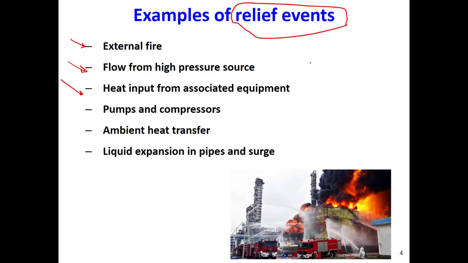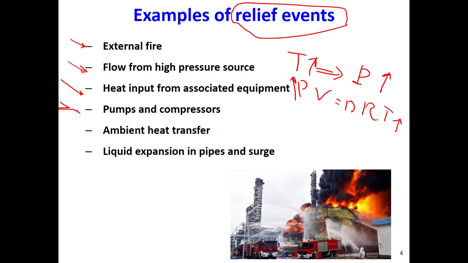Usually an increase in temperature also increases the pressure, because increasing temperature can vaporize the liquid and make more vapor, increasing the pressure, or for the gas we know that PV = nRT. If temperature is increased, pressure will also increase. Pumps and compressors are equipment that we use. Pumps increase the pressure of liquid, compressors increase the pressure of gas.